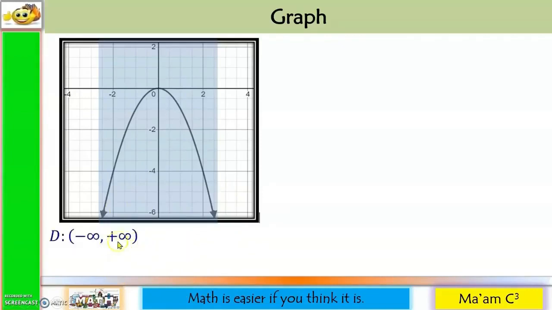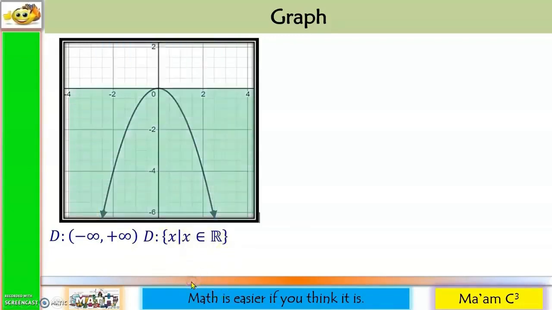This is much easier to write in set builder notation. So x such that x is an element of real number. Now for the range, we color from the minimum going to the maximum point. So since this has no end, it came from negative infinity up to, look at your y, up to 0.